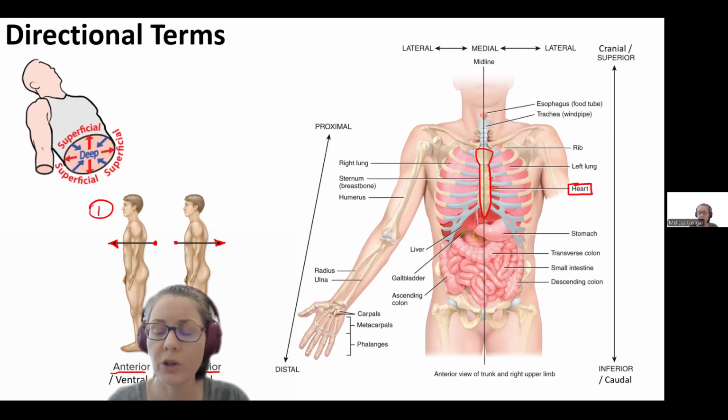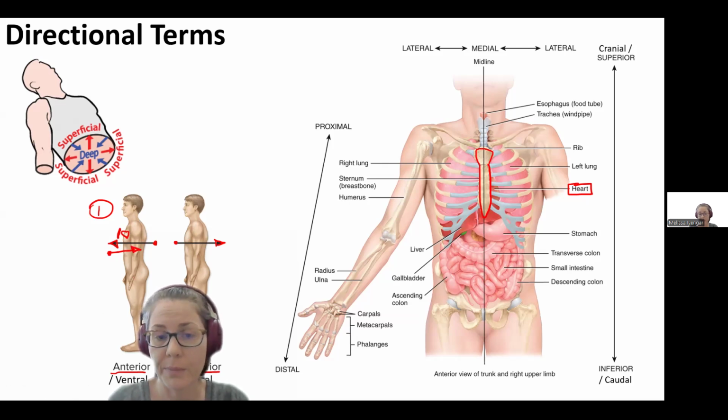So I can say the sternum is anterior to the heart. And then I can say the heart is posterior to the sternum. You have to think about it as the sternum is right here, and then the heart is back behind that. So you see how I have to go in the forward direction to get to the sternum. And then I would have to go in the backwards direction to get to the heart.